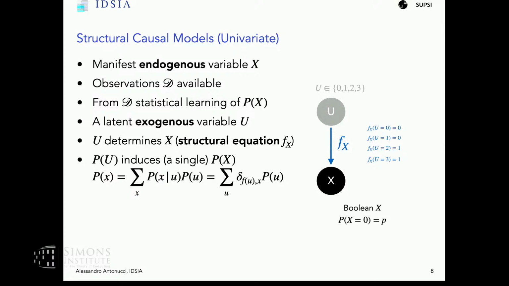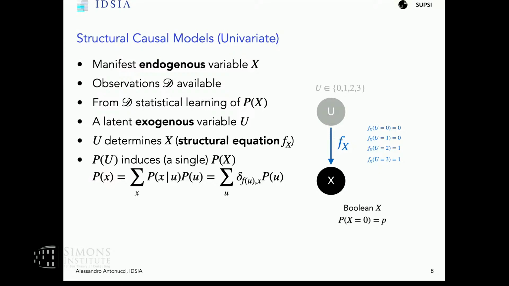So basically, every state of U determines the corresponding state of X. In this example, I have 4 states for U and 2 states for X, and this is the equation, whatever. And uncertainty on the latent variable propagates and becomes uncertainty on the endogenous variable. So basically, what we observe is this.